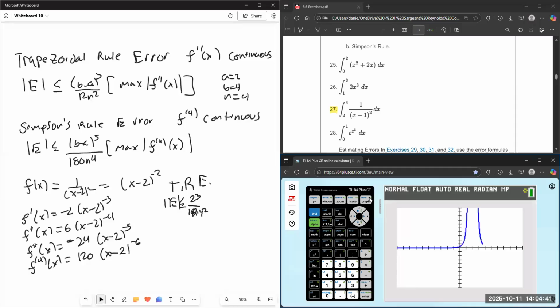Blue function is the first one that I'm interested in. Notice that on the, sorry, this is x minus 1, not x minus 2.